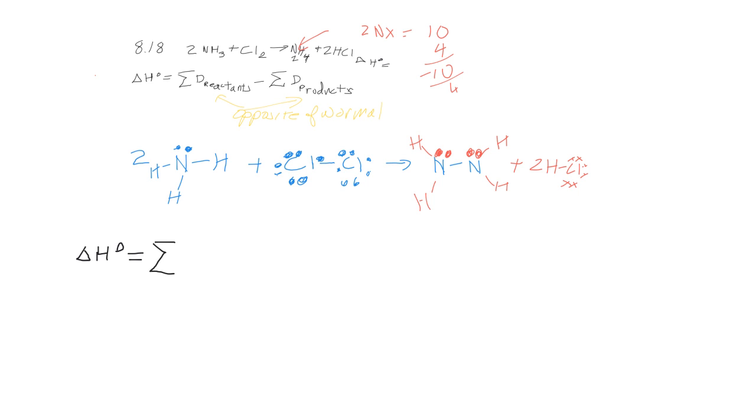Delta H equals the sum of the dissociation of the reactants. So I have a 2 there, and then I have a 3.